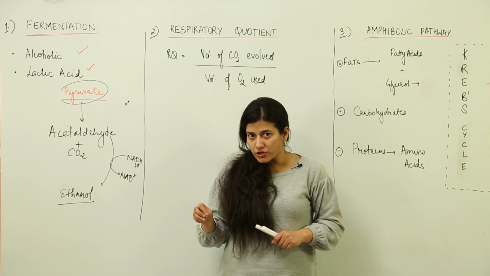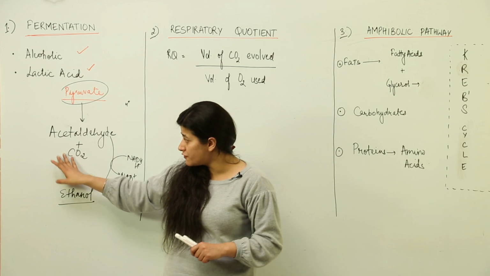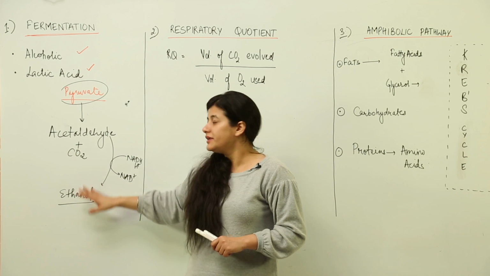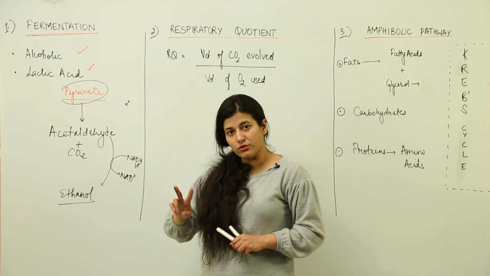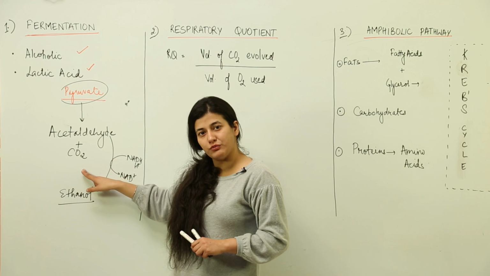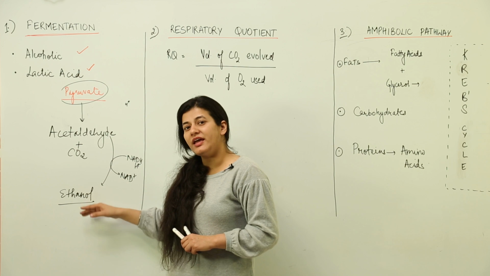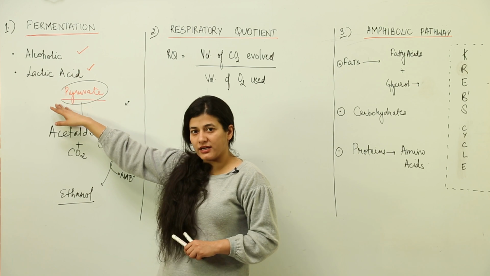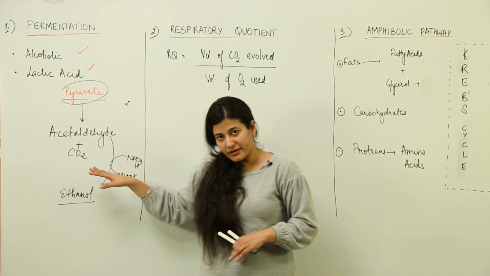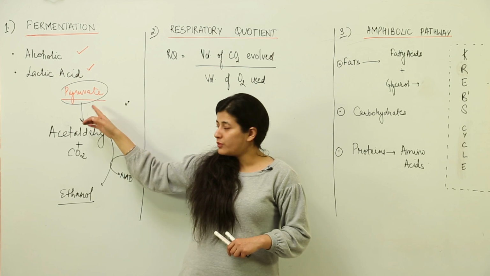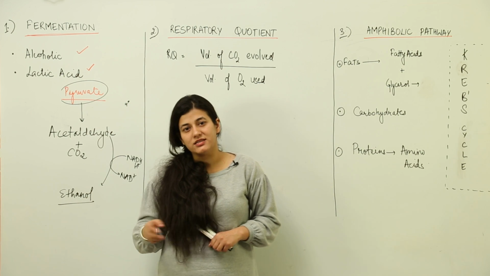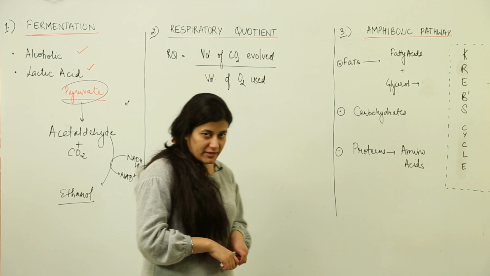Whenever oxygen is not present, what we would get in the end is two molecules of ethanol and two molecules of carbon dioxide would have been released. That is what we get in the end. Same as in the case of lactic acid, we do not get carbon dioxide over there. The pyruvate is converted to lactic acid, and this is observed in muscles of animal cells.